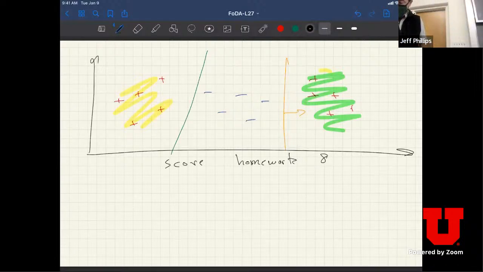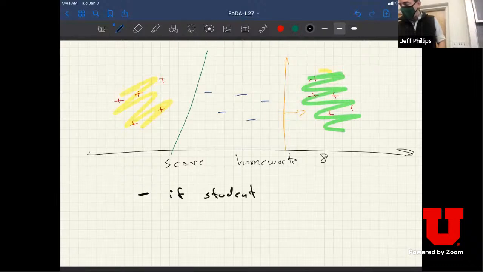This coordinate is not so important, I only need one coordinate to show this example. There might be another coordinate, maybe the quiz score on homework 7, and I want to say that I get a minus if the student earns a B in the class.